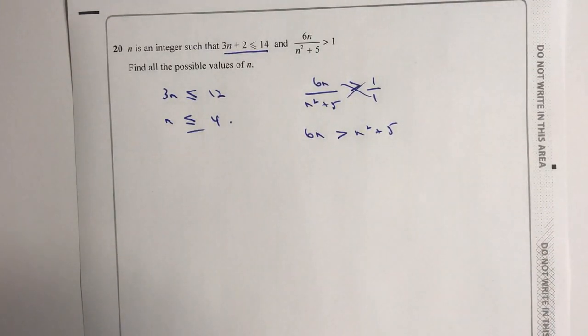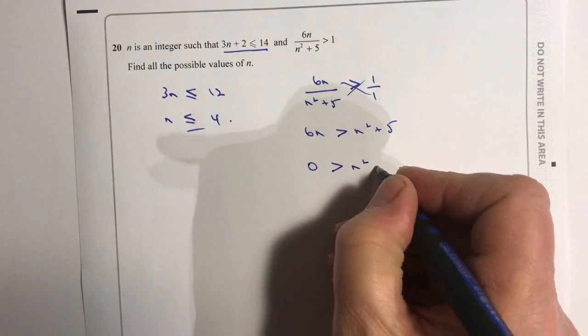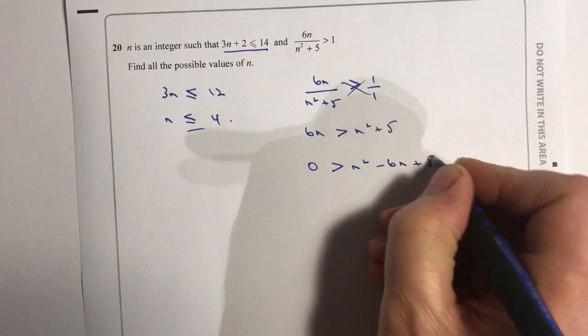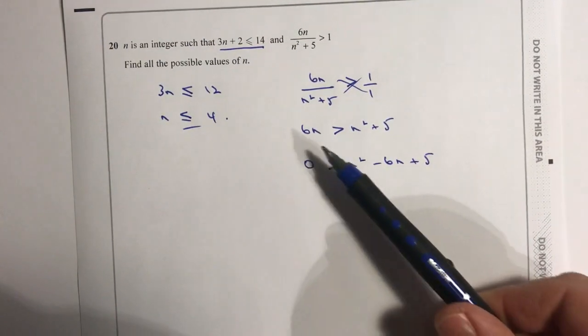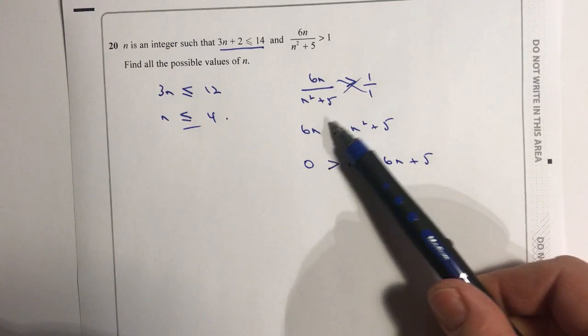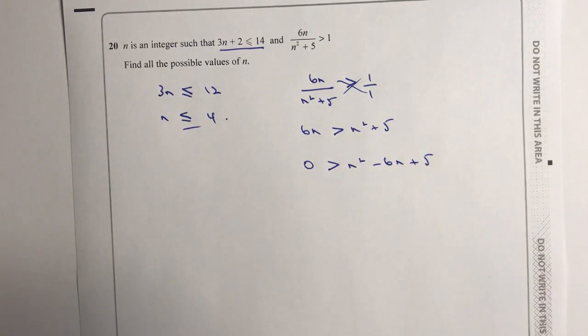Okay, so I'm now in a position where I can just factorize it, because if I make this equal to 0, I've got n squared minus 6n plus 5. What I've done there is I've taken this 6n, pulled it over to the other side, and written it in the form of a quadratic.